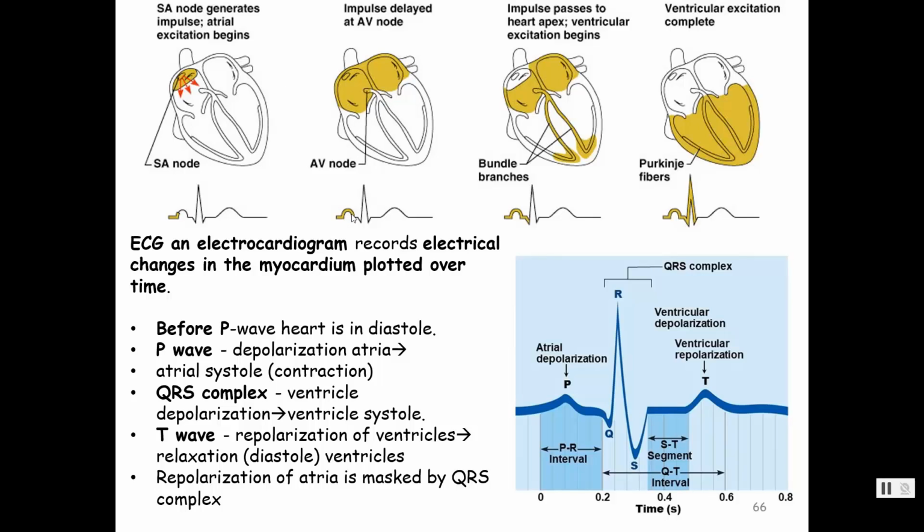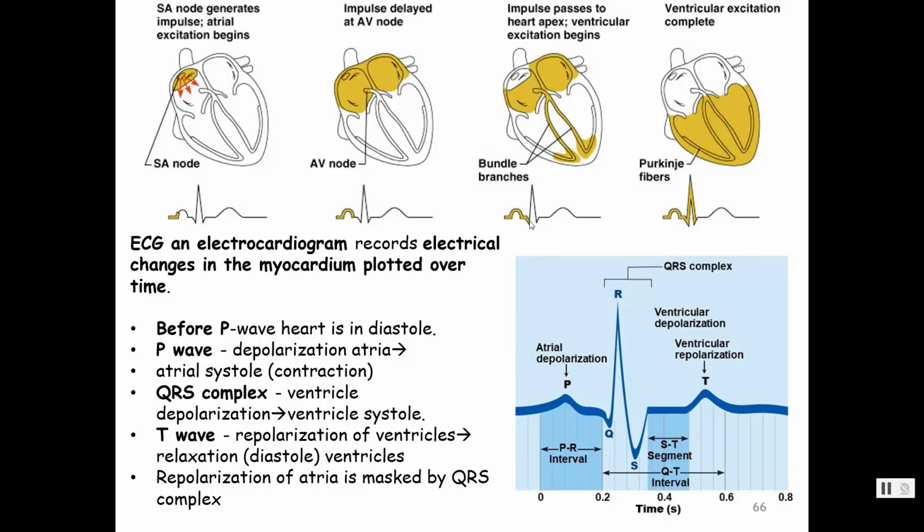So this P wave represents atrial depolarization, which we know is going to be quickly followed by atrial contraction or atrial systole. Then we have that pause at the AV node, and so that's why this is the baseline, so nothing's going to happen. And it's going to pause there, and it's going to go down the bundle of His, or the atrioventricular bundle, right and left bundle branches, till it gets to the Purkinje fibers.